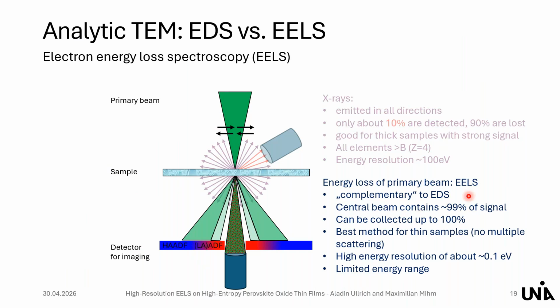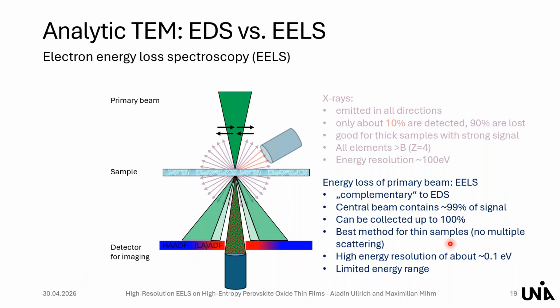And the big advantage here is that the central beam, the directly transmitted beam, contains about 99% of the signal, and you can collect it to almost 100% with your spectrometer. That means you expect in EELS a much better signal to noise and signal to background ratio compared to EDS. And especially if you have thin samples and a weak signal, this is always the best method.